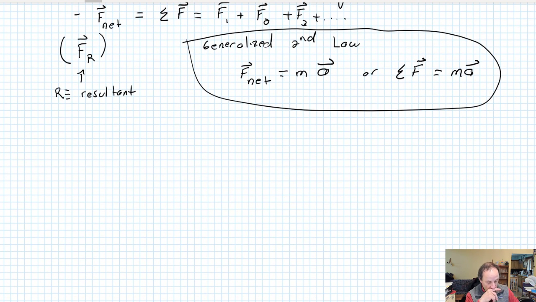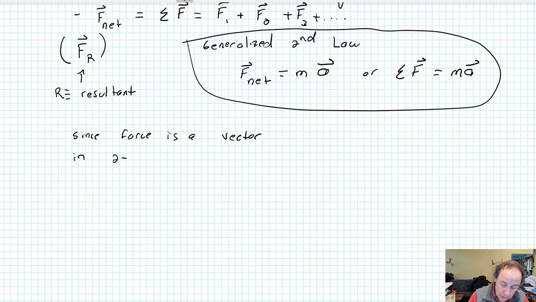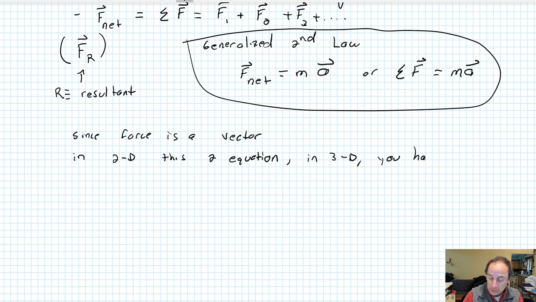All right, so since force is a vector, in 2D, this is two equations, right? You can break that vector into two equations, one in each direction. In 3D, you have three equations, one in each direction.